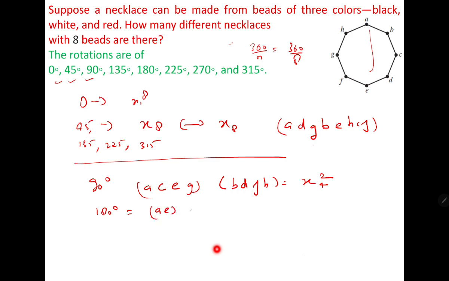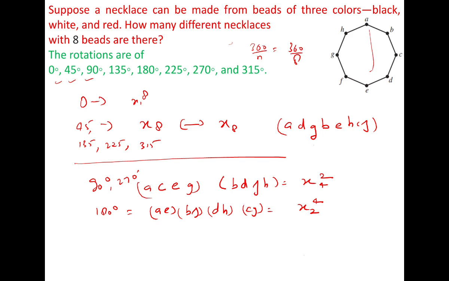So you will get the 4 cycles B, F, D, H and C, G. So you will get 4 cycles of length 2. Yes. So 0, 90, 180 is covered. 90 is same as 270, so 270 is covered. And 360 is already covered. Similarly 45, 135, 225, 315 is covered.